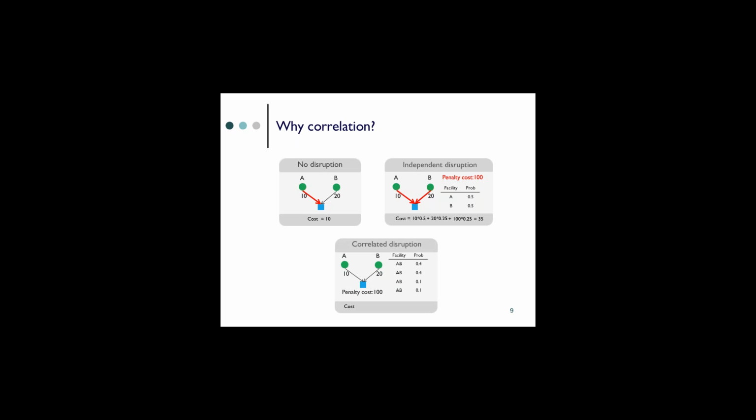And you can observe that the marginal probability for A or B to be disrupted is 0.5, which is equal to the values in the independent case. But when there's correlation, the total cost is 23, which is quite different from the value 35.